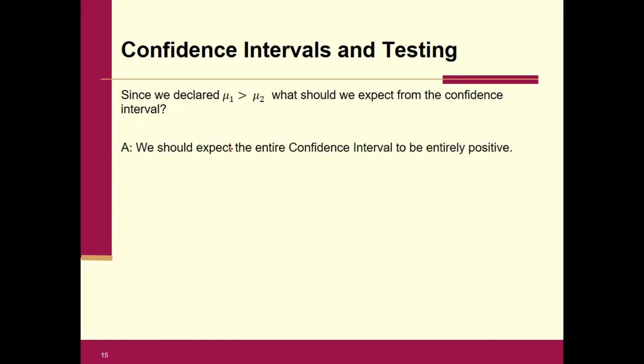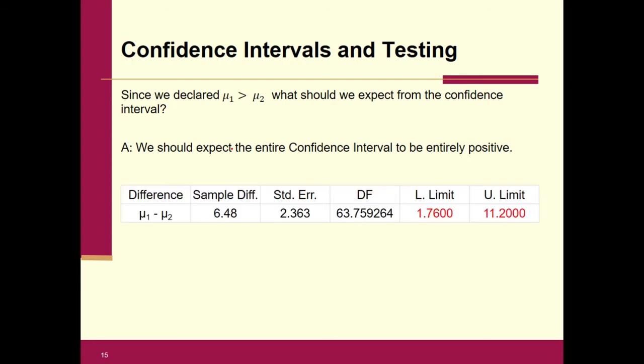We should expect the entire confidence interval to be entirely positive, because we're saying that mu1 is greater than mu2. If we ran the confidence interval through the computer, I came up with 1.76 for the lower bound and 11.2 for the upper bound. Notice the entire confidence interval is positive.